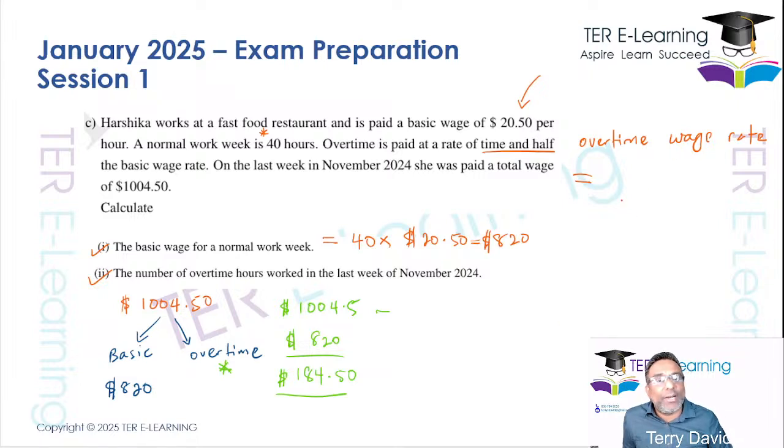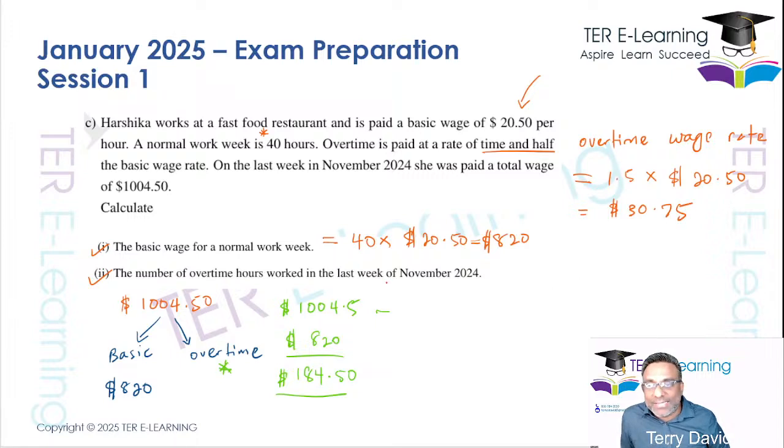So in this case, our overtime rate is going to be 1.5, that's what time and a half means, multiplied by $20.50. When you work this out, 1.5 multiplied by 20.50, you're going to get $30.75. So this is the overtime wage rate per hour.